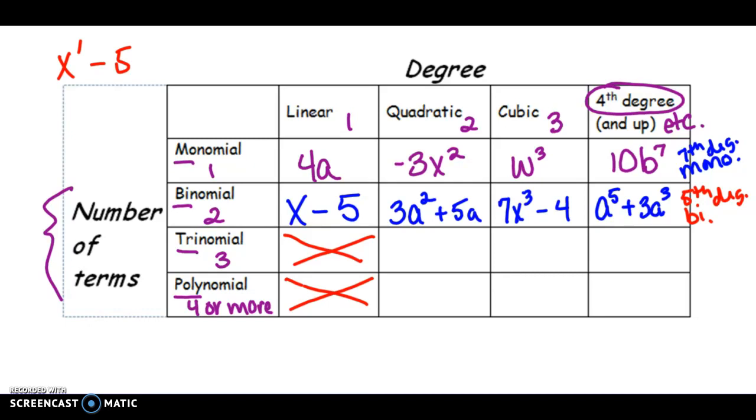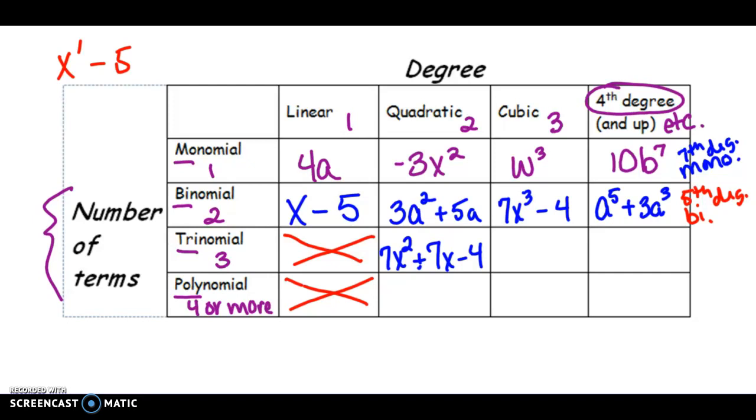Okay, so let's do quadratic trinomial. That's possible. So quadratic trinomial, about 7x squared plus 7x minus 4. I've got 3 terms for tri, and 2 is my highest exponent.